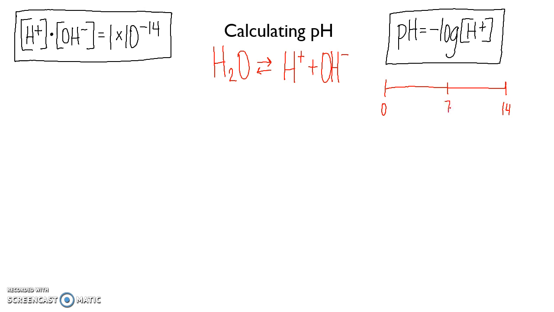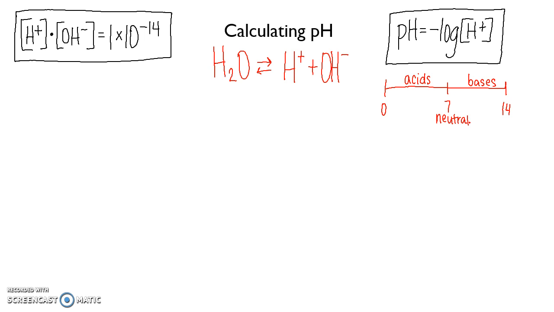Values that were low on the pH scale were all acids, and values that were high were all bases. If you were right in the middle, that meant you were neutral, so you weren't an acid or a base. So you were something like water. So if we can calculate the pH of something, then that tells us if it's acidic, basic, or neutral.